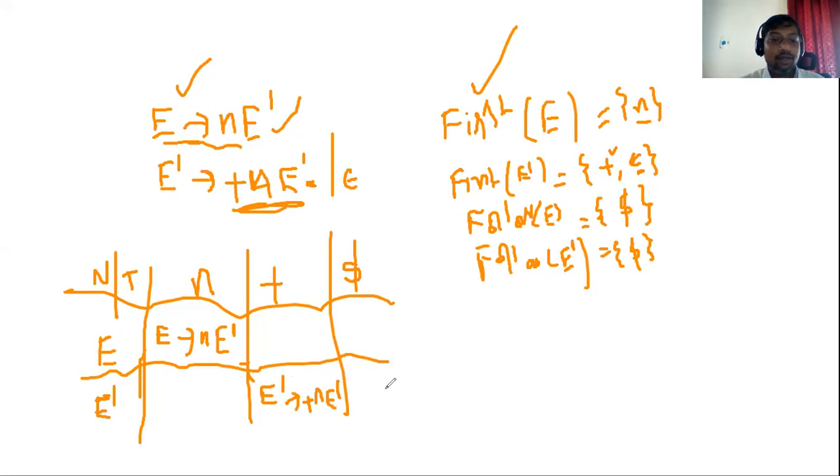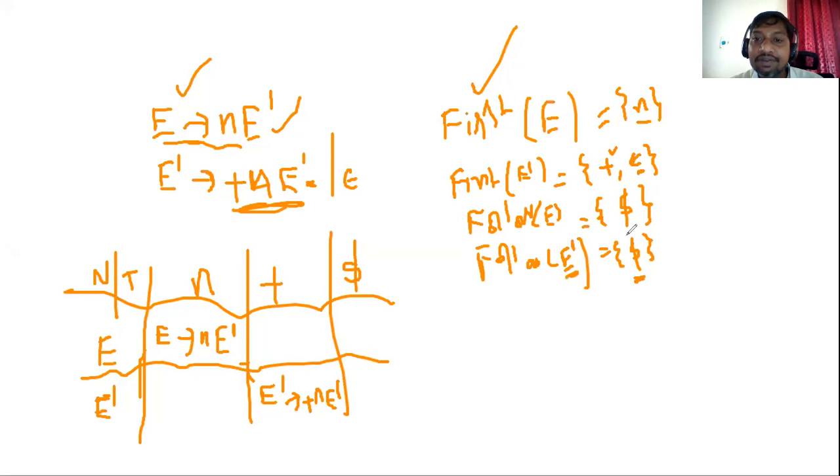Now we have one more terminal, that is epsilon. Whenever there is an epsilon, we have to consider the follow sets of E'. In the follow set of E', we have dollar.